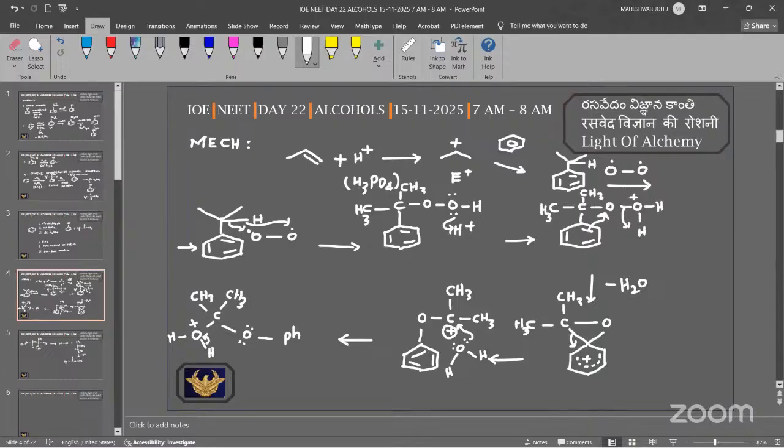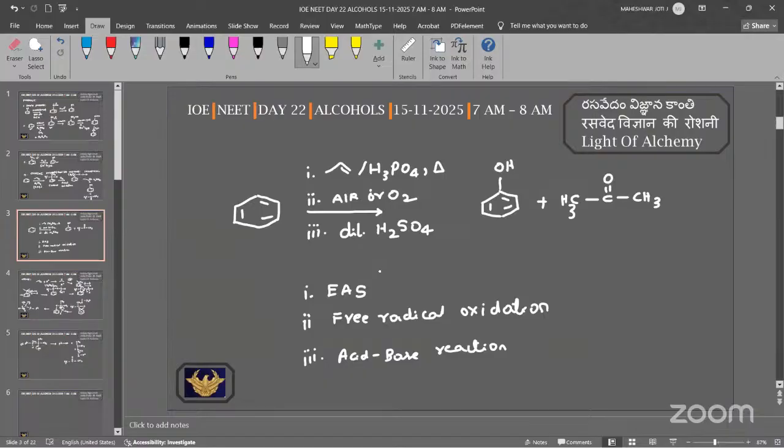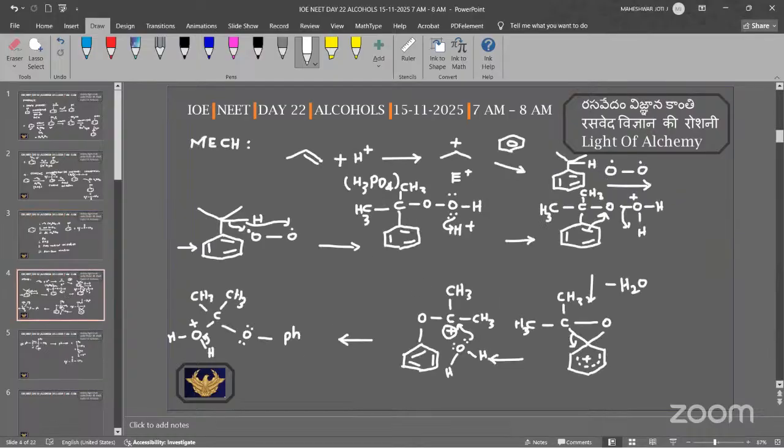See, the first one is electrophilic aromatic substitution of benzene with propene in the presence of H3PO4. Electrophilic addition, that is propene with H plus is electrophilic addition. So one step is electrophilic aromatic substitution, and another step is electrophilic addition, right?